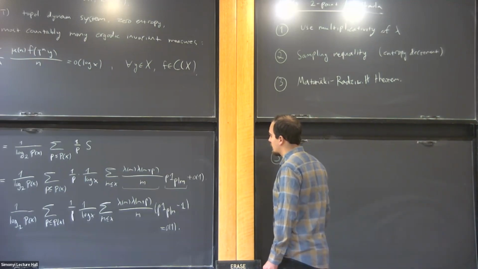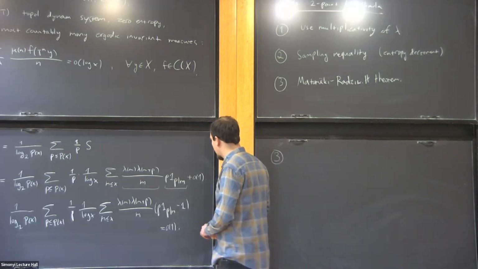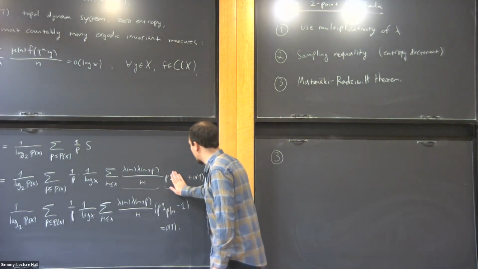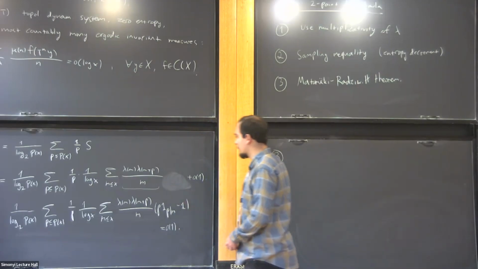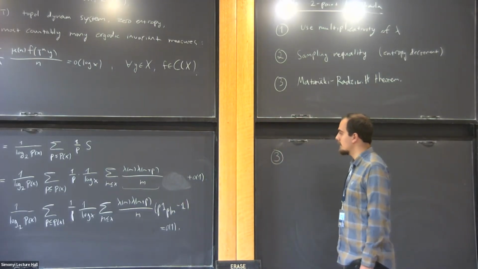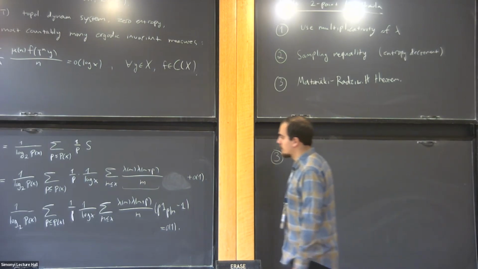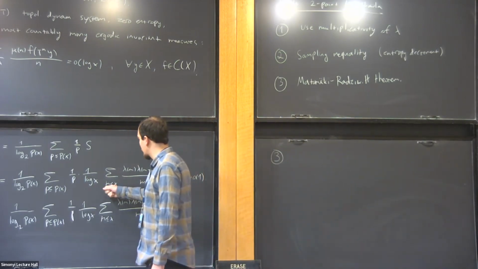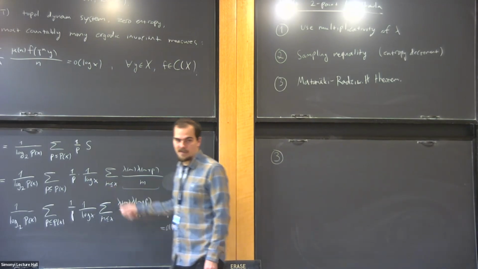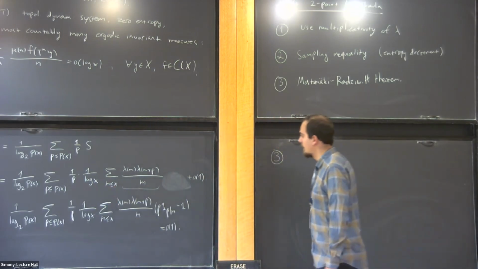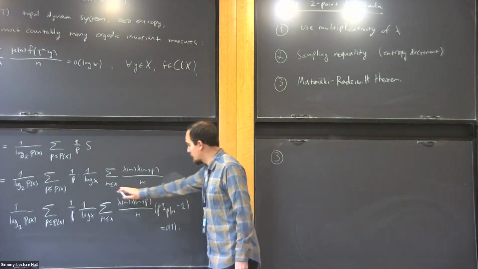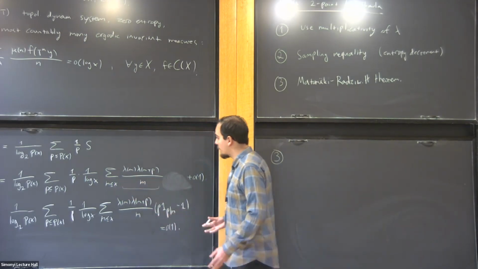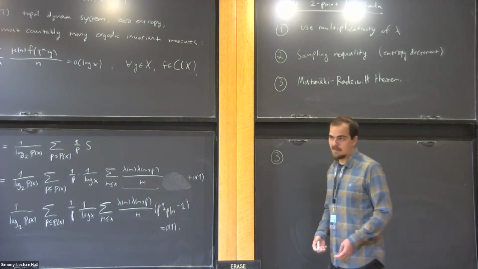So now we want to understand the expression without this divisibility condition. And so the logarithm of everything is not important anymore. So let me just get rid of that. By partial summation, it suffices to prove an estimate for the ordinary average.